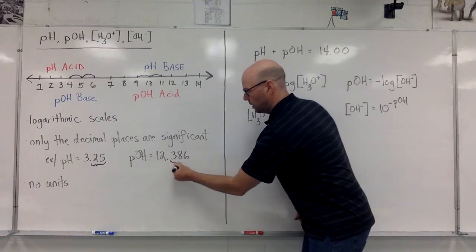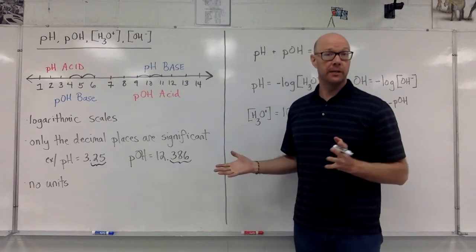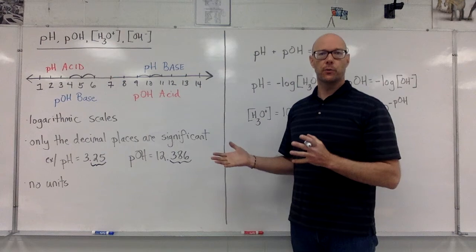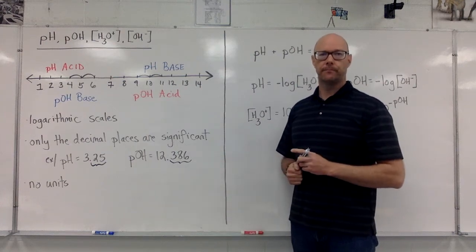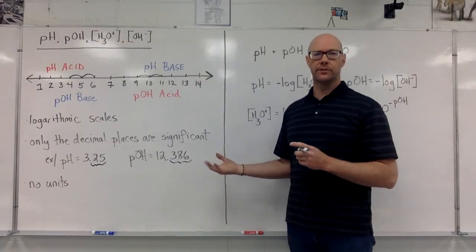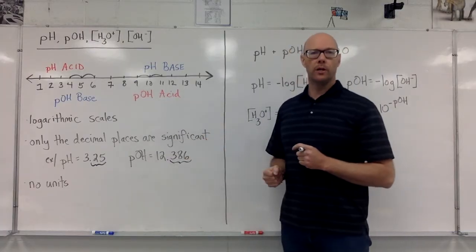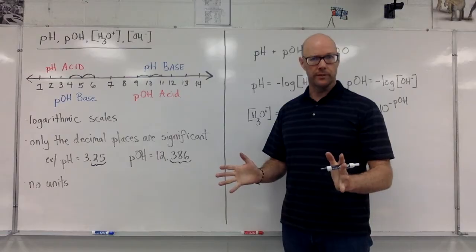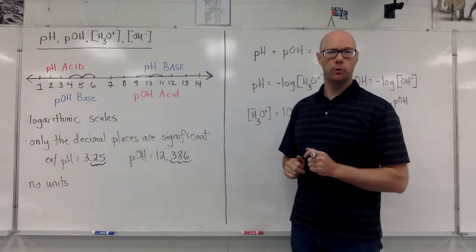This one has 3 decimal places, so it has 3 significant digits. Finally, they have something else in common. There are no units. It's just a pH of 3.25 with no units, or a pOH, no units.